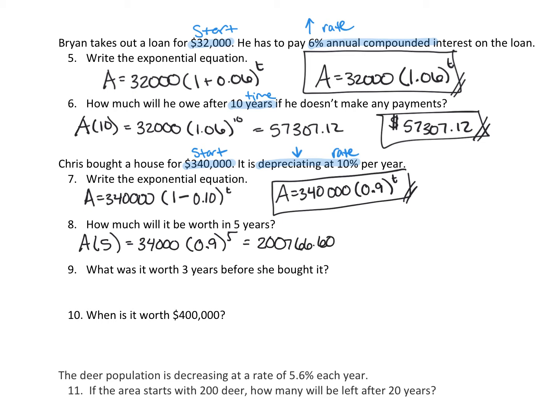So again, this is less than our original amount because it's losing value. We would normally write a sentence, but for right now, I'm just going to make sure I'm using the proper units. And make sure to round to the second decimal place since we're dealing with money.